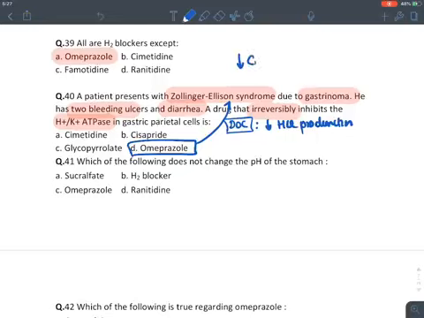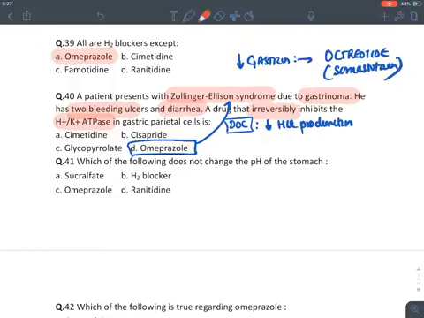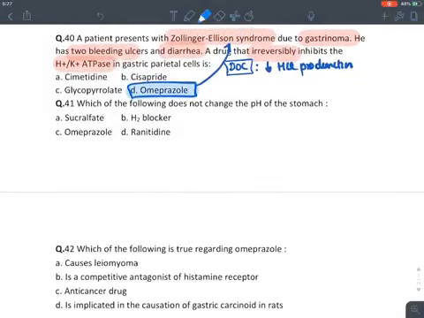But remember, we also have to reduce the production of gastrin hormone. To reduce the production of gastrin hormone, we give octreotide. Octreotide is a somatostatin analogue. Okay, so their combination is generally given. So the answer is omeprazole.